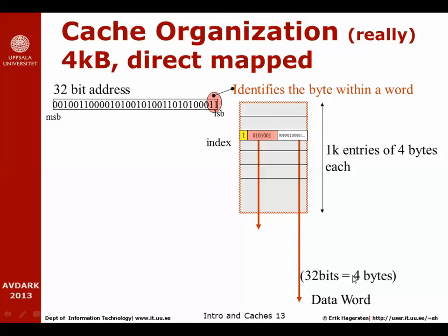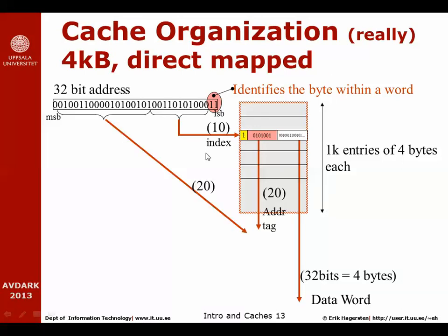The task of the cache is just to provide a word to the CPU. But we use the next 10 bits. So we toss away the lowest 2 bits because they identify a byte within a word, and then we use the next 10 bits, 10 because we need to uniquely identify 1 out of 1k entries, and they are our index bits. The remaining bits of the address we're going to compare to the address tag which is stored on that entry in the cache.